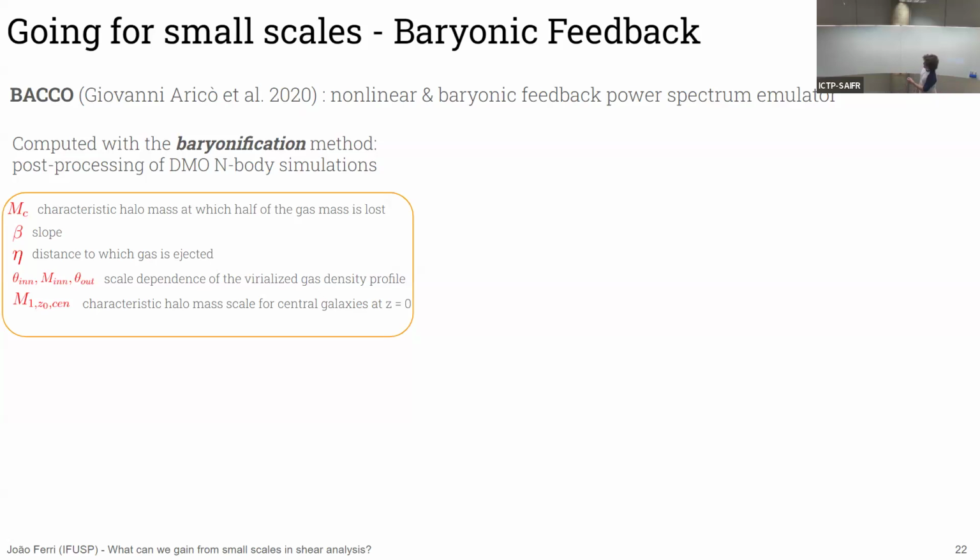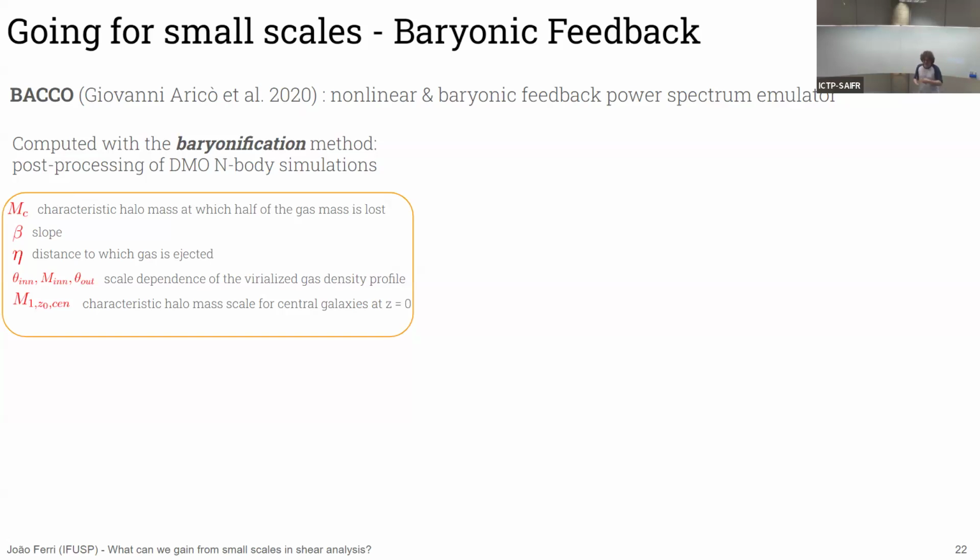BACCO was computed with a method called baryonification, in which they take an N-body simulation made with dark matter only particles, and then, given a prescription given by these parameters right here, they shift the positions of the galaxies to simulate a baryonic process, and this ends up suppressing the power spectrum when they compute it.